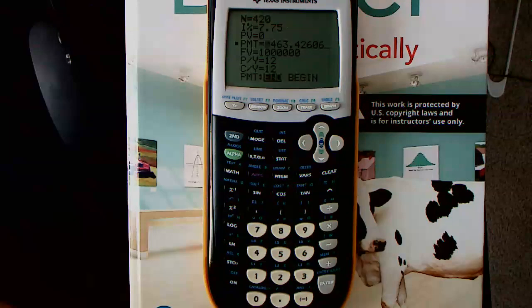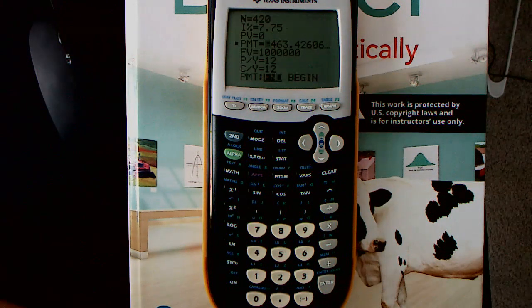I'm going to share back the system, and we are going to round the decimal as needed. Okay, write it down: 463.426.